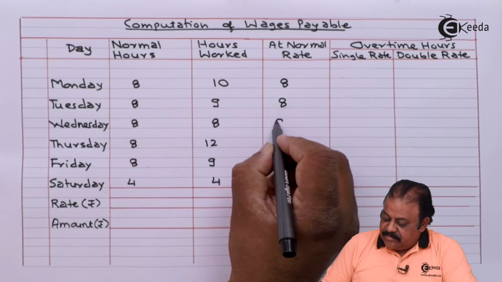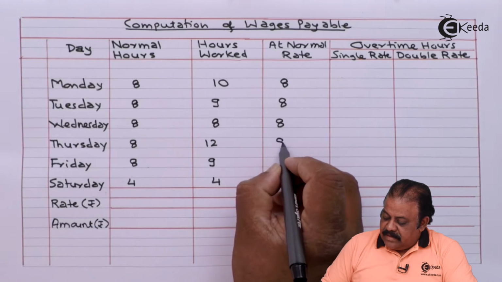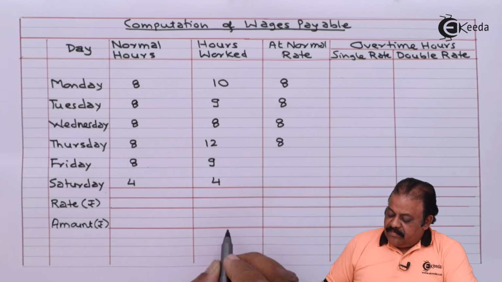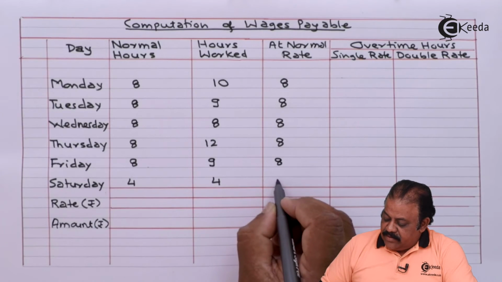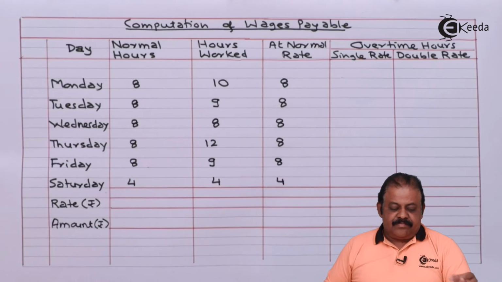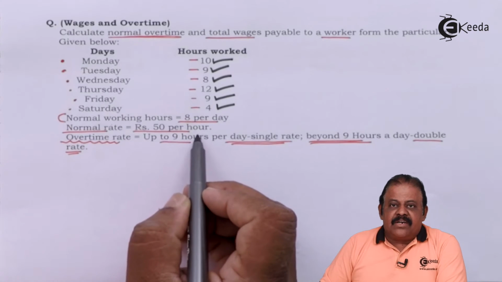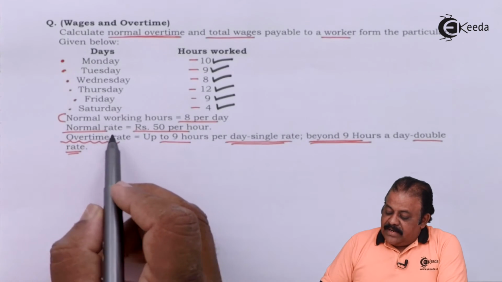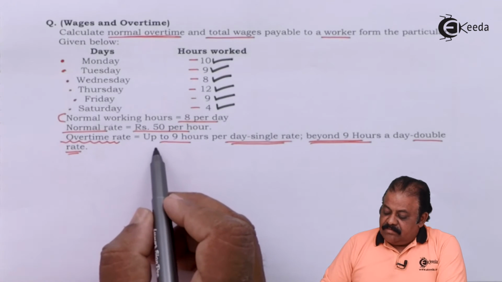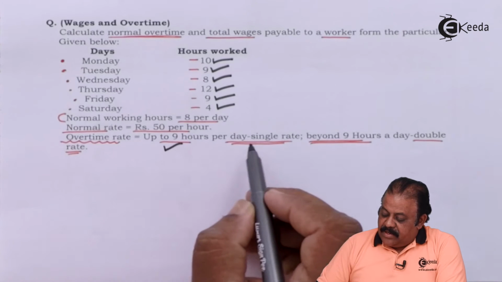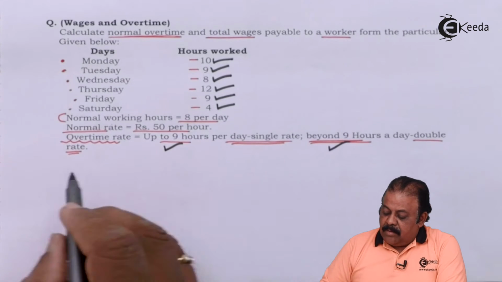Wednesday, 8 hours. Thursday, 8 hours, Friday 8 hours, Saturday 4 hours. Normal rate rupees 50 per hour, overtime rate up to 9 hours per day, single rate, beyond 9 hours, double rate.